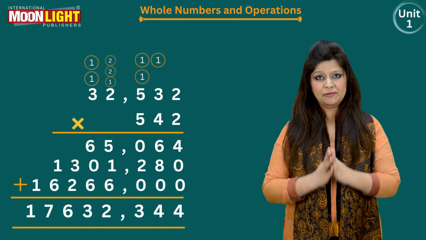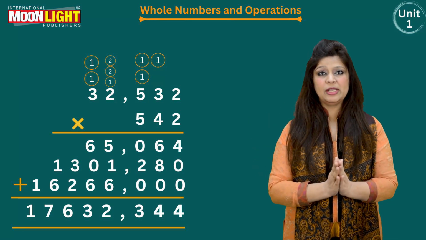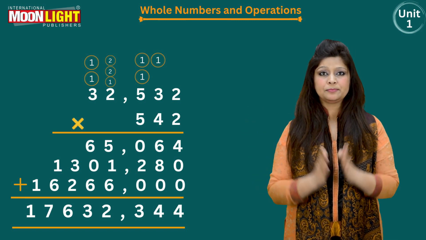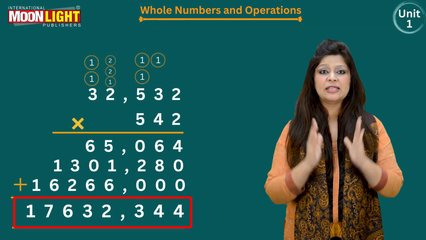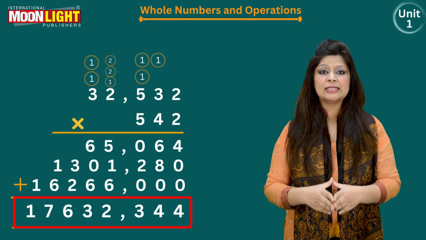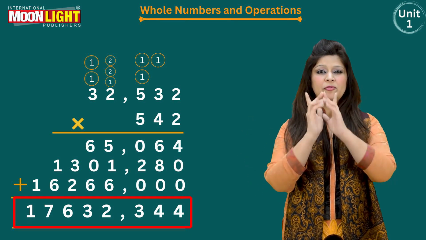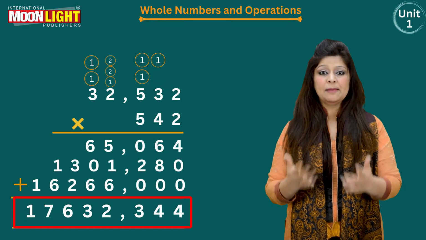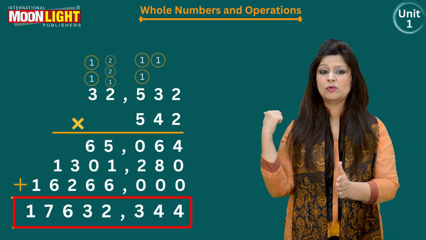After 3 digits, I will write comma like this, and then again I will count 3 more digits after this comma. Then again I will write comma. Okay, so this is the final answer, and 17,632,344 is your final answer. I can write down this answer by writing simple horizontal position like this. You can see that this one.